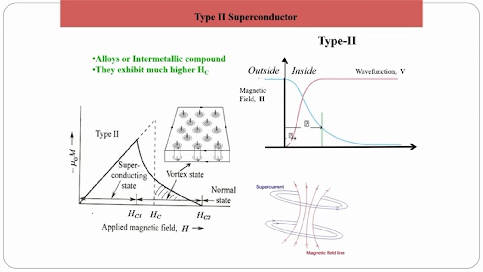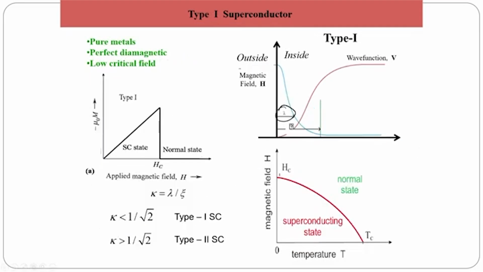So, this again shows minus M as a function of field, and again we show how H actually varies inside a metal. It has a slightly larger penetration depth, and the penetration depth by xi, where xi is the coherence length, which is the size of the Cooper pair wave function, and lambda is the penetration depth, that is, how much depth it can penetrate inside a sample.